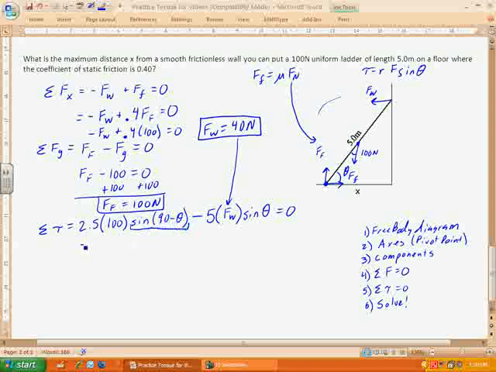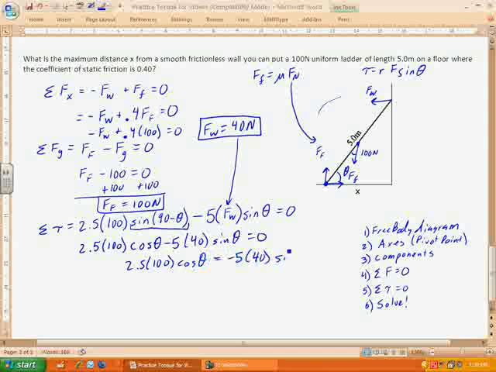So we can rewrite this as being 2.5 times 100, and then we're going to change this to cosine of theta, and then minus 5 times 40 times sine of theta equals 0. We'll add this to the other side, so 2.5 times 100 times cosine of theta is equal to negative 5 times 40 times sine of theta.